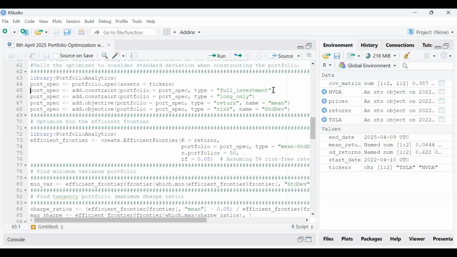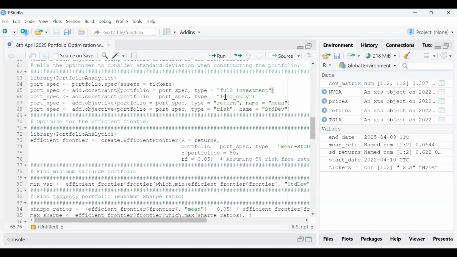So this first constraint tells me that the summation of the portfolio must be 1. That means I'm going to be fully invested. Then the next constraint is also telling me in line 66 that I'm taking a long position.